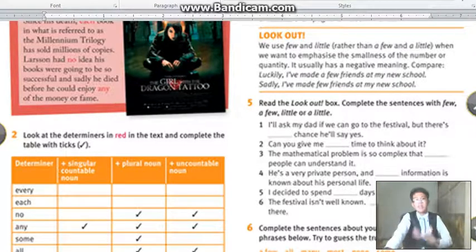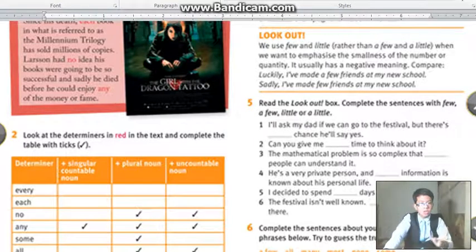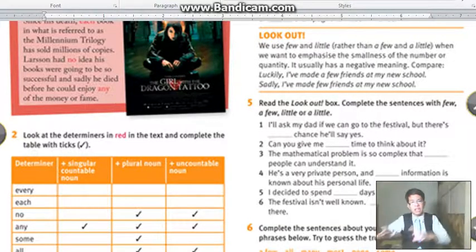So complex means super duper difficult, highness of difficulty. So complex that few people can understand it. Alright, so few shows that there is only the smallest group of people who can understand the mathematical problem right over there. Alright, I explained it correctly.